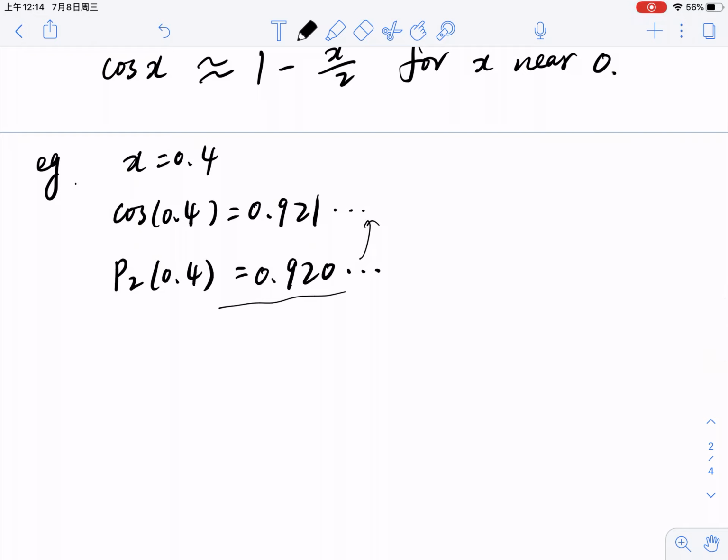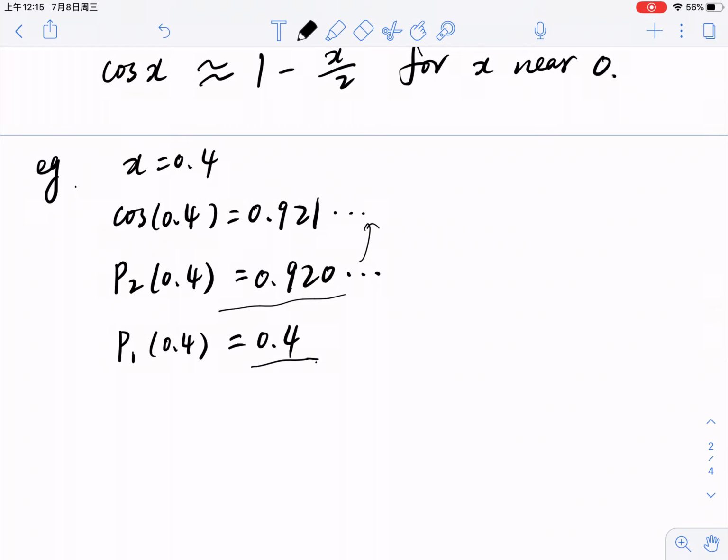And if we do the linear approximation for cosine x, we get its linear approximation is the constant function 1. So p1(0.4) is 1. So this also tells us that the quadratic approximation is much better than the linear approximation for x near 0.